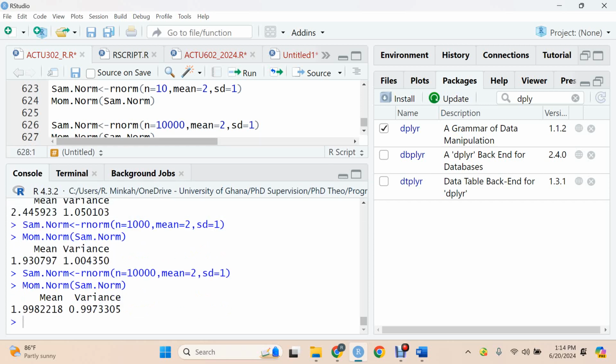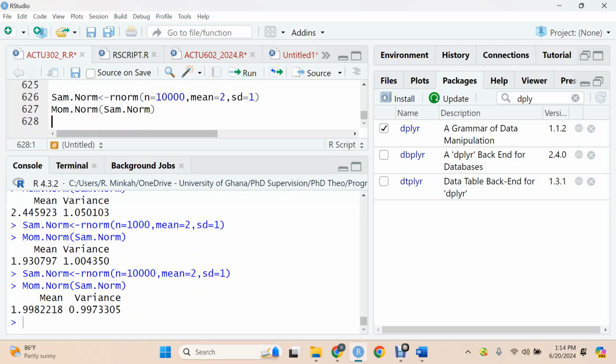What is happening? As the sample size increases, what do you notice? The sample mean is approaching what? The population mean. What about the variance? The same. And this is what principle? Law of large numbers. So what you were doing in 333, that's what we are demonstrating here. Is everybody okay with this?